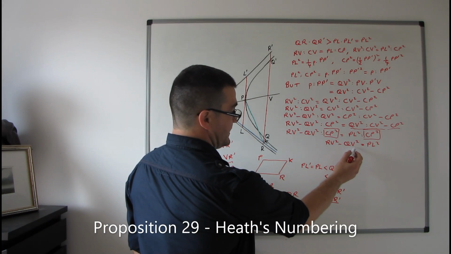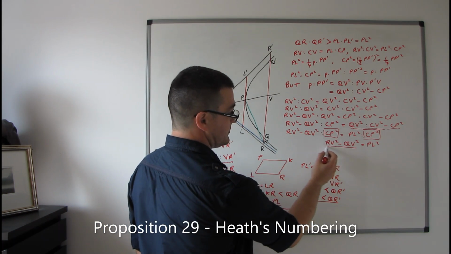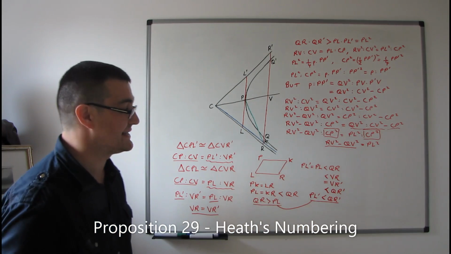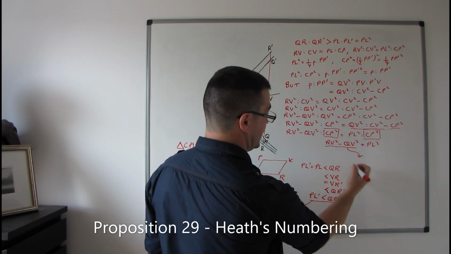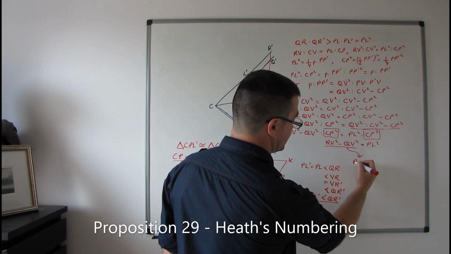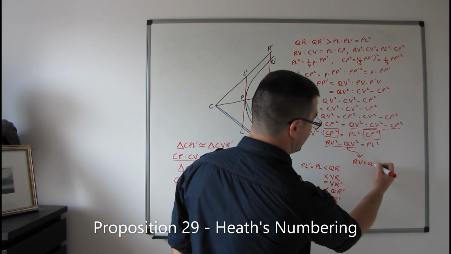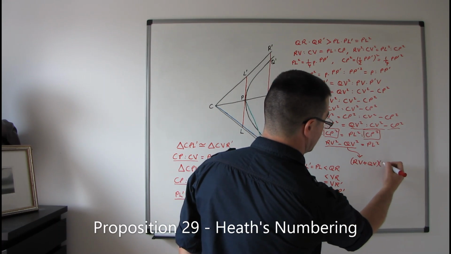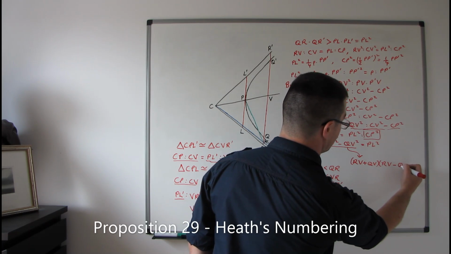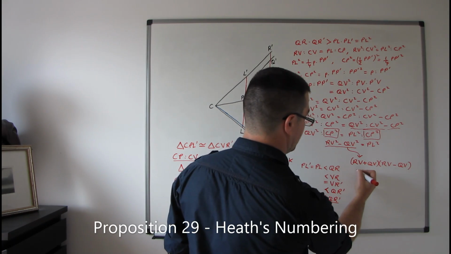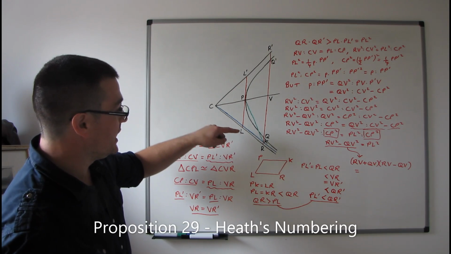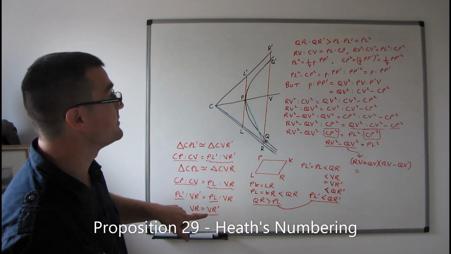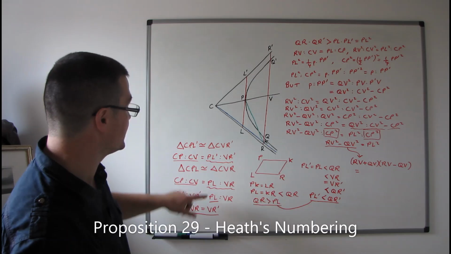Let's have a look at this thing now. This is the last leg really. So RV squared minus QV squared is equal to RV plus QV times RV minus QV. Now I've got to make sure I'm getting this the right way around.